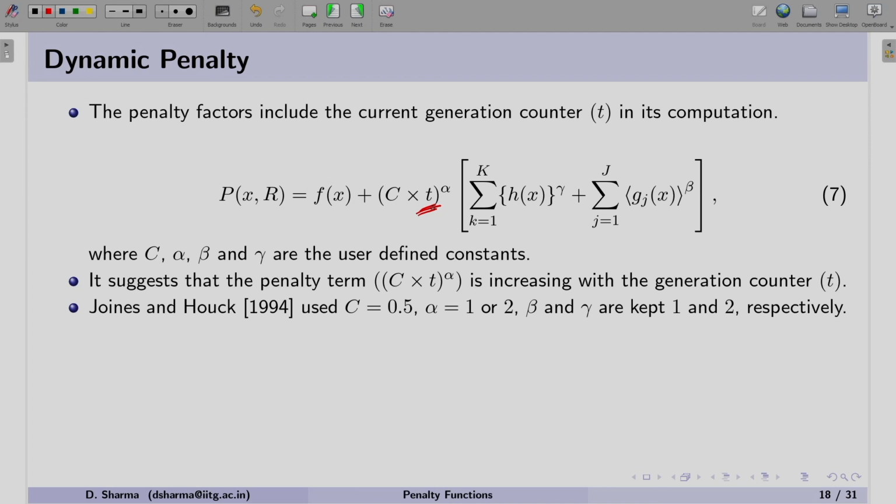Meaning that at the end of the iteration, if the solution is infeasible, we will give more penalty to the solution as compared to the solution at the beginning of the generation. Here, these two authors suggested to use a value of C as 0.5, and as per our previous discussion, we can keep the values of beta and gamma. Here, the value suggested for alpha is 1.